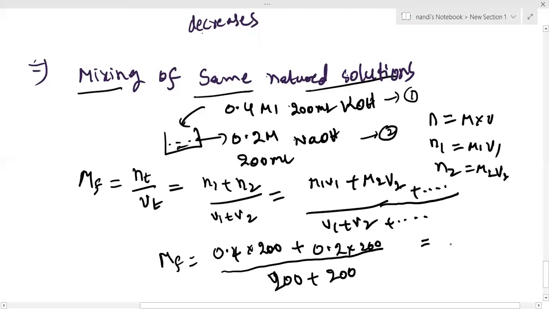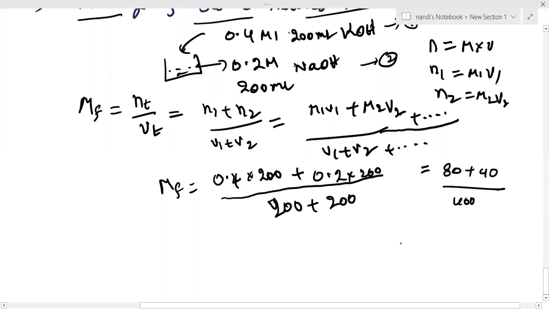So 0.4 into 200 plus 0.2 into 200, that is 80 plus 40, by 400. So what's your answer here? 120 by 400, we get 12 by 40. You can check it now. I think you get 0.3. Is it correct? 0.3 is the final concentration.